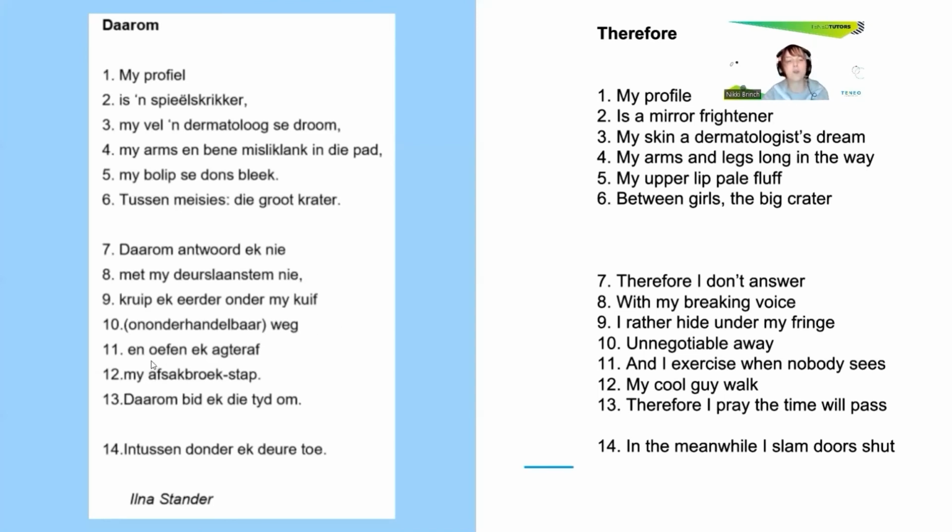And then in oefen ek agteraf my afsakbroek stap. So oefen ek agteraf, to do something agteraf, to do it in secret when no one can see you. And also my afsakbroek stap. What does that refer to? Afsakbroek, when you research this poem, can have two meanings.